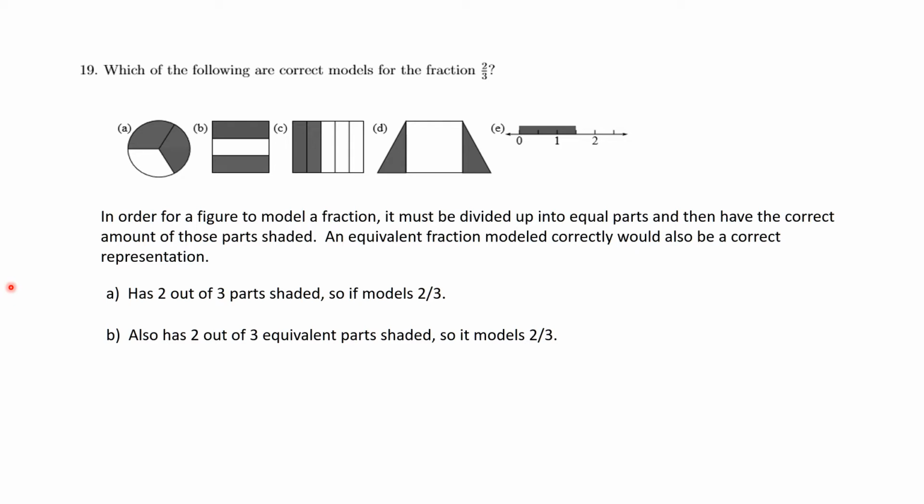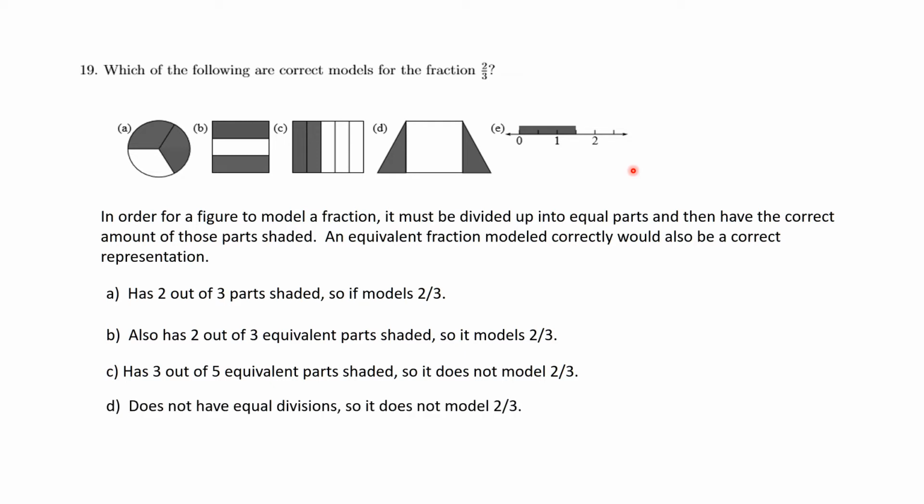In C, I have 2 parts shaded, but they're not 6 equal parts. There's only 5. So it doesn't represent 2/3. And in D, I don't have everything divided into the same areas. So technically, I really can't tell what that is.